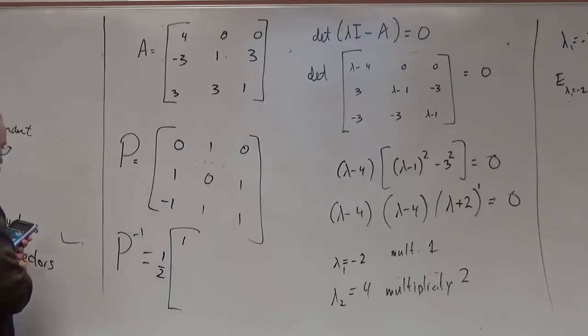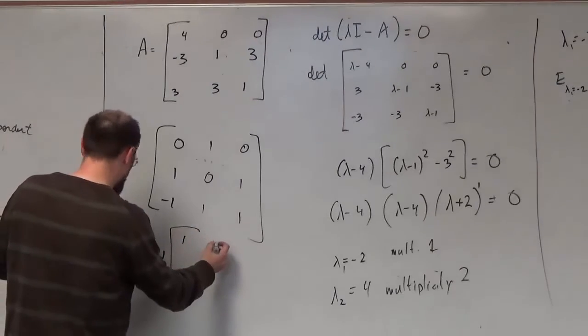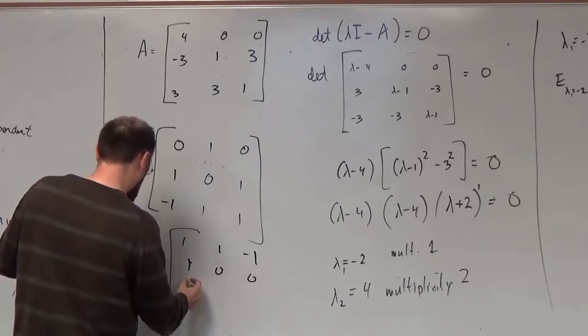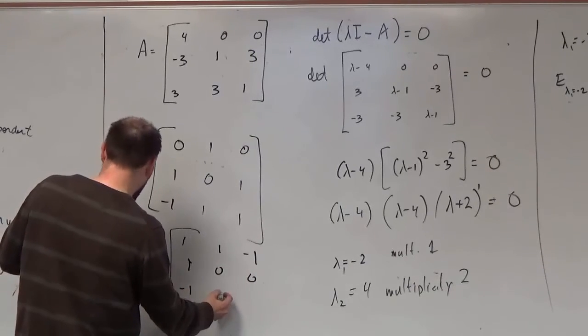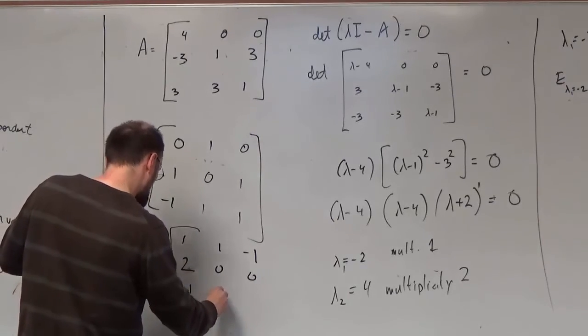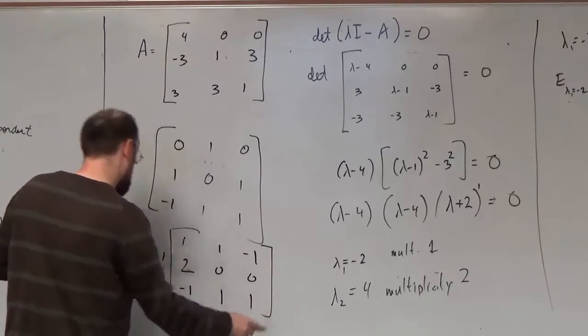Okay, so 1/2 times the matrix with entries 1, 1, negative 1, 1, 0, 0, negative 1. Okay, so that's the inverse.